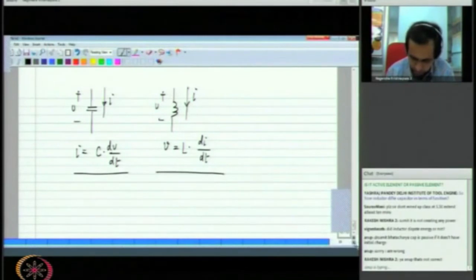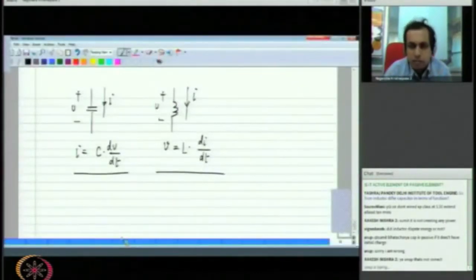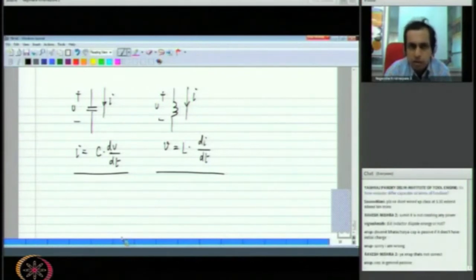Now there is another interesting question, which is that if a capacitor can absorb power and also deliver power, is it an active element or a passive element?